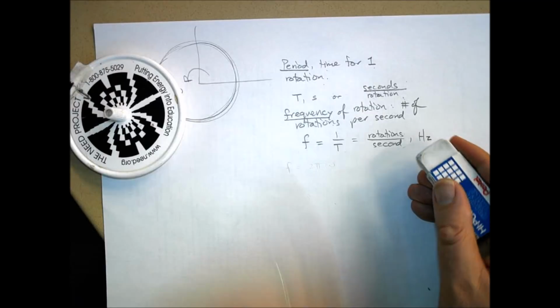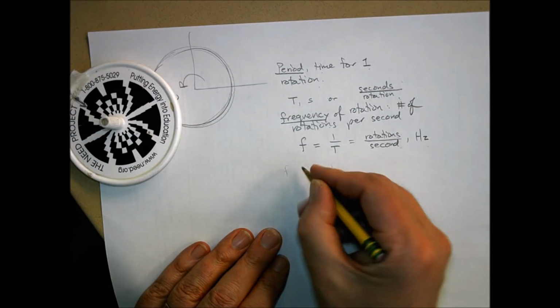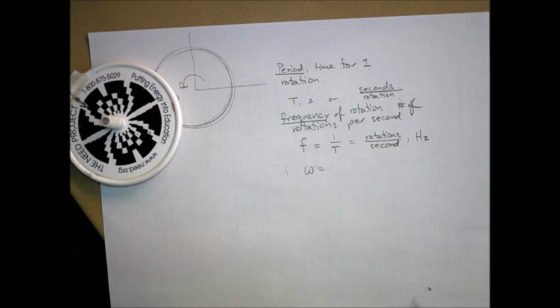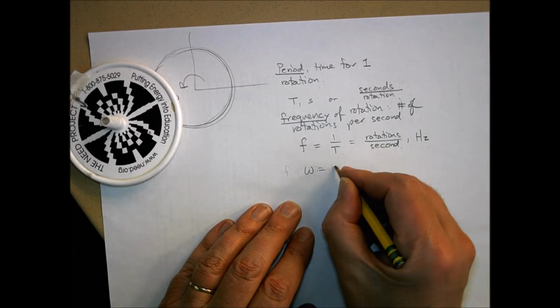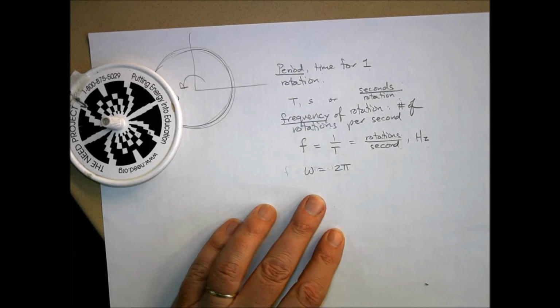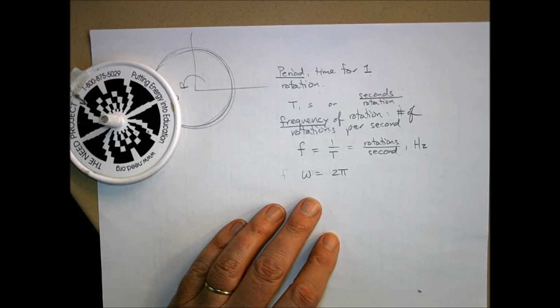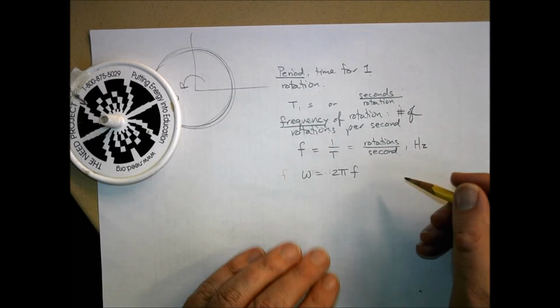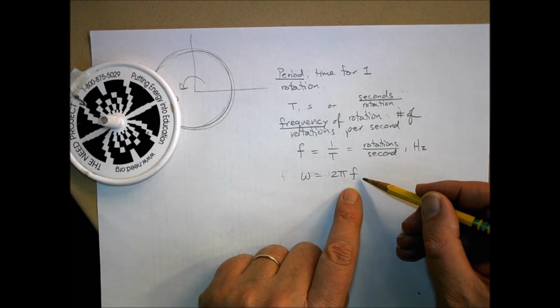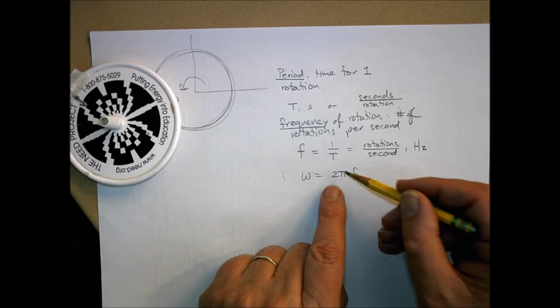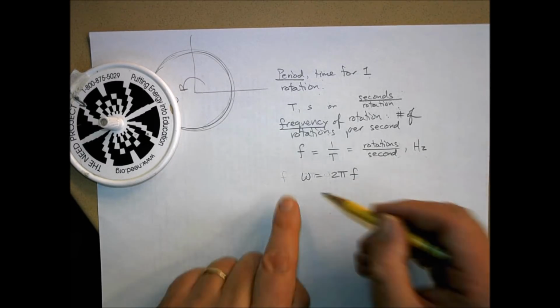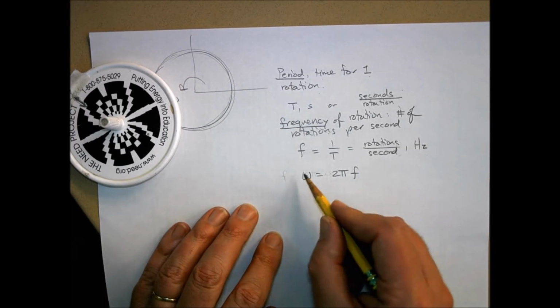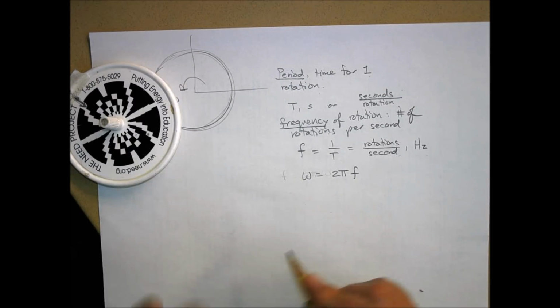The angular frequency is going to be a greater value. It's going to be 2 pi times the frequency. Because this is a rotation per second. Well, that would be 2 pi radians per second, which is the same thing as omega. Yeah, they're going to be confused. I'm glad I deleted that video.